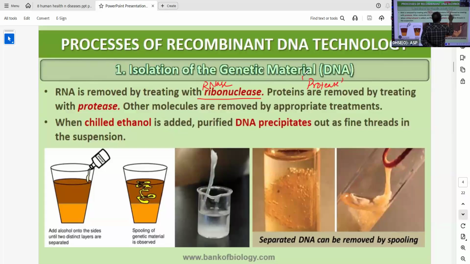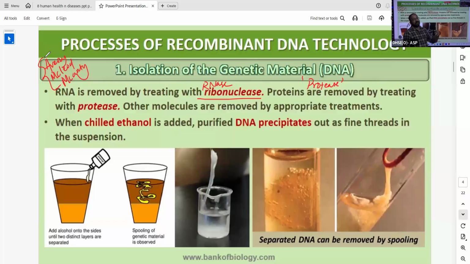If you remember, in molecular basis of inheritance, Avery, MacLeod, and McCarty, the chemical basis of inheritance.